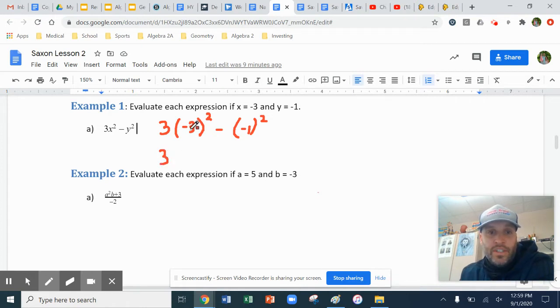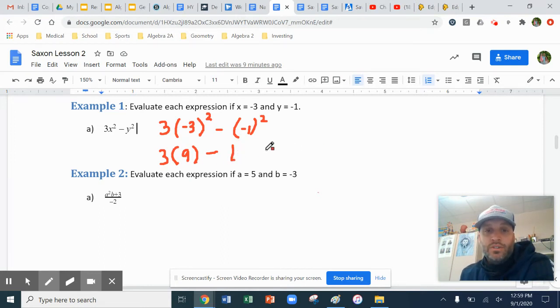What this is telling me is take this -3 and multiply it out 2 times. So -3 times -3 is actually +9. Minus, I have a -1 raised to the second power. Again, this base -1 is being multiplied 2 times. -1 times -1 is +1, so it's just a 1.